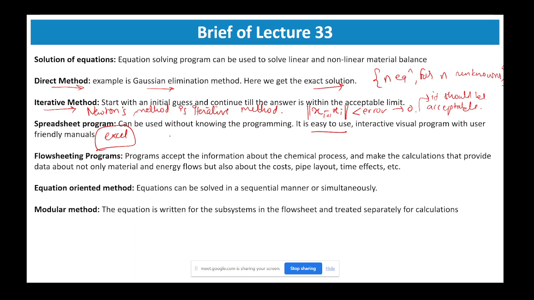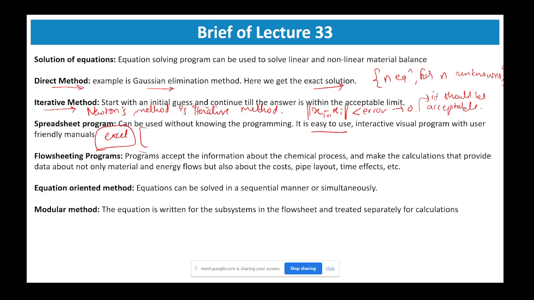You just need to supply the equations in matrix form or so, based on what software or tool you are using, and choose the proper method or options available in that program, and it will give you the correct answer.